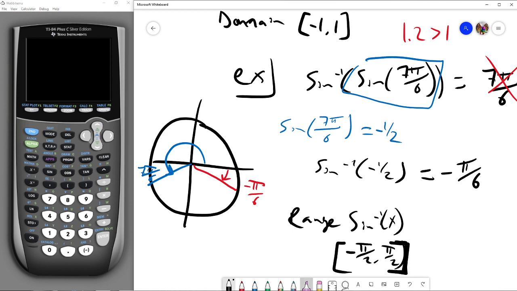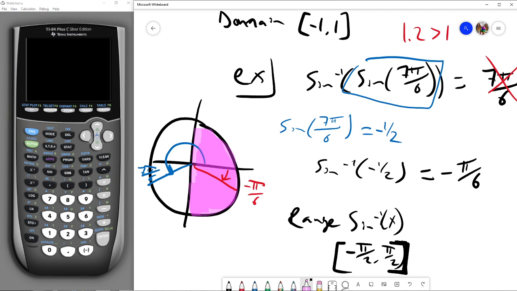Alright. So what that is saying is the right side of the unit circle is our range here. There we go. There's a nice lovely shade of pink.